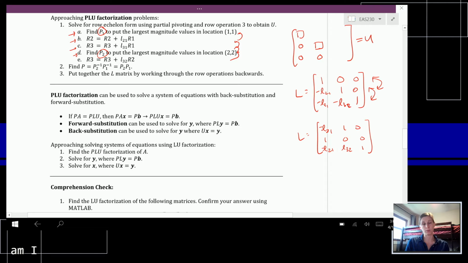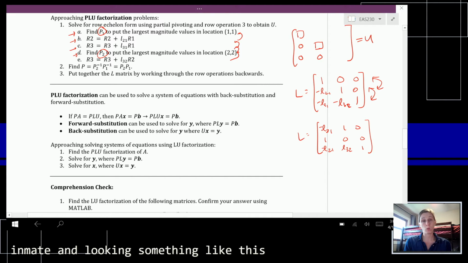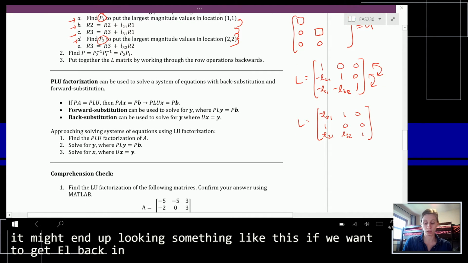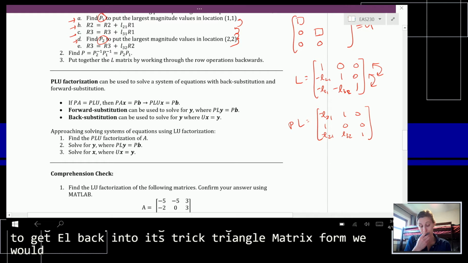If we want to get L back into its strict triangle matrix form, we would just multiply it by P.